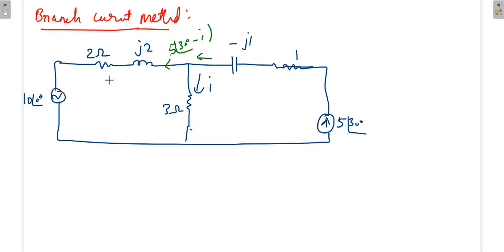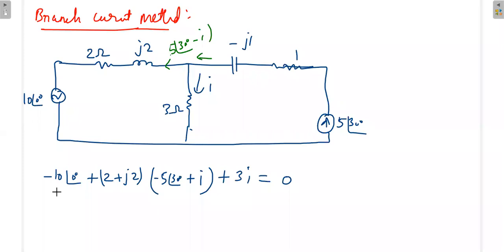So apply KVL: minus 10∠0 degrees, and 2 plus J2, where the current goes in the opposite way, and minus 5∠30 degrees, and this minus I will become plus I, and this is 3 plus I. Anyway, this is one equation. Ultimately, you can find what is I.